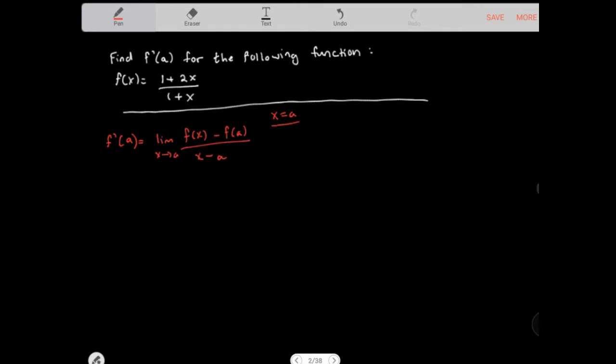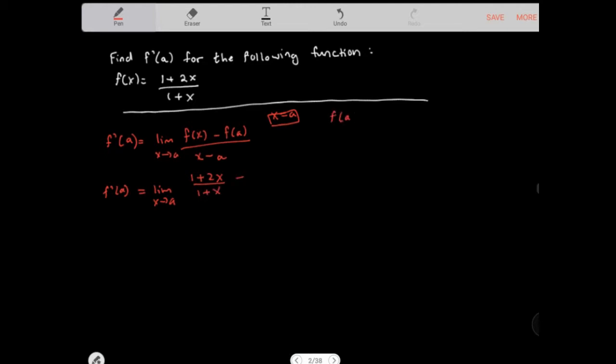we know that x is going to be equal to a. f of x in this case is basically equal to (1 plus 2x) over (1 plus x), minus f of a.